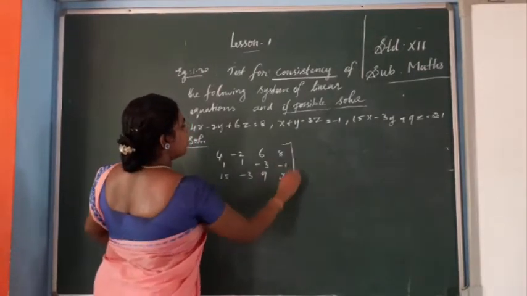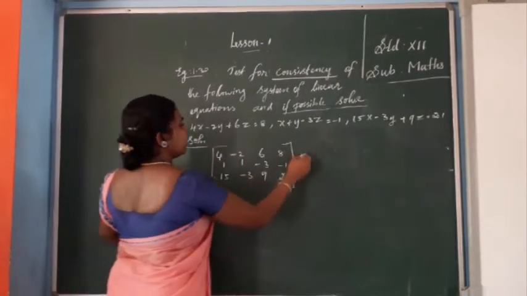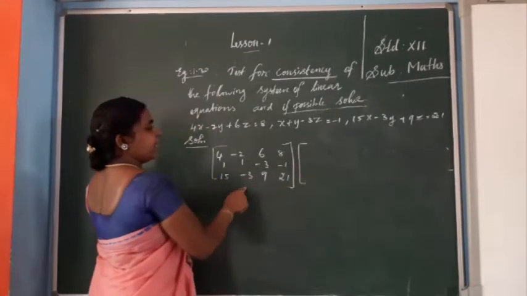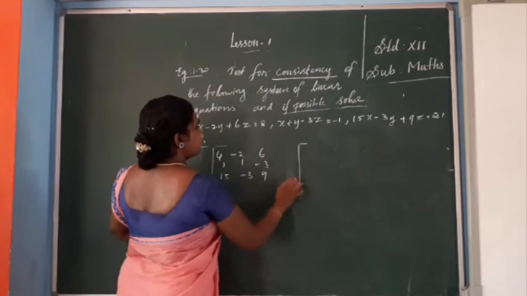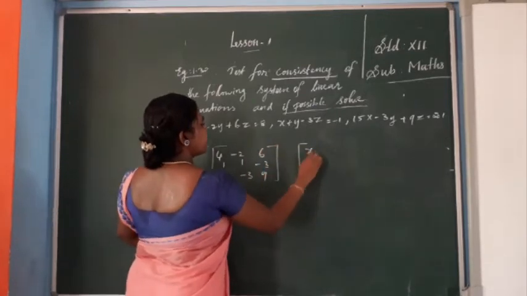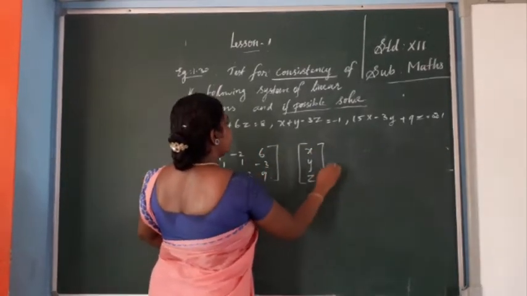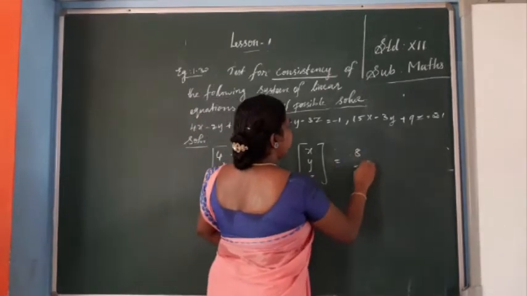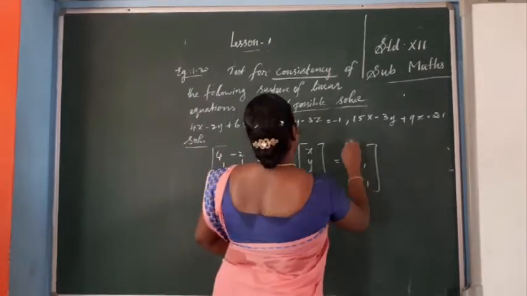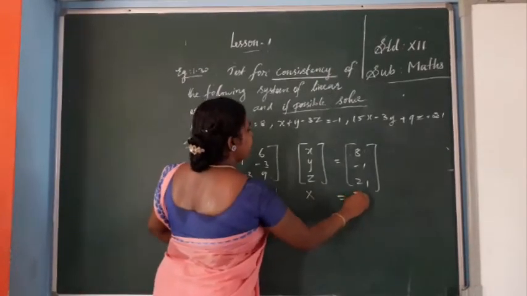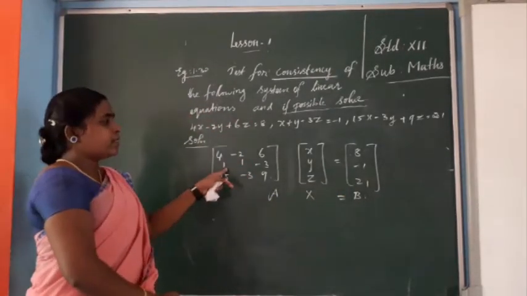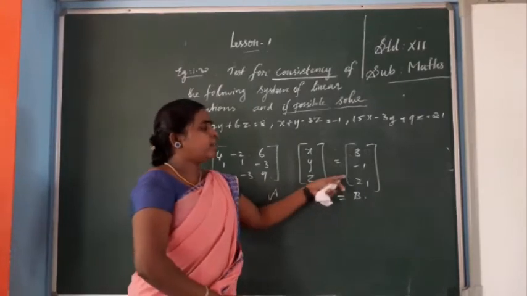Then A, next X, which is x, y, z, equal to B. B is 8, minus 1, 21. This is Ax equal to B. Okay, Ax equal to B. So this is A, second one denote X, third one is B.